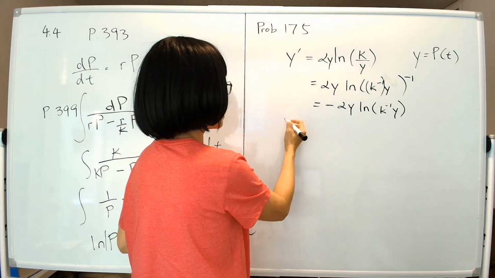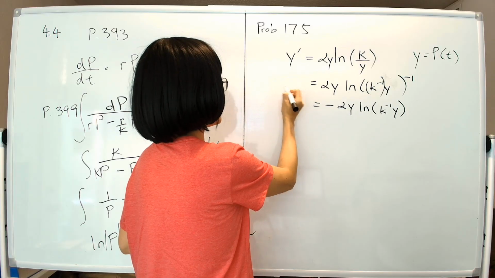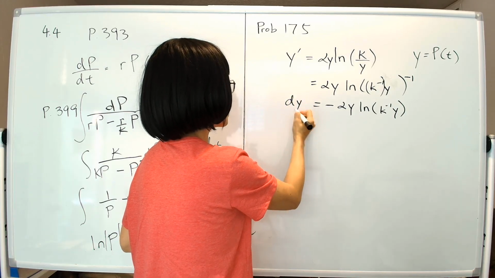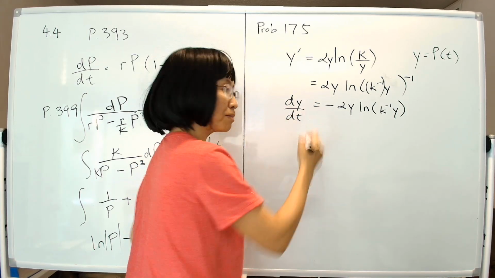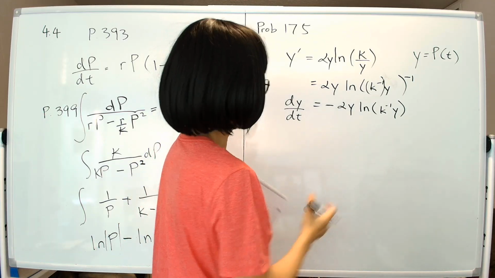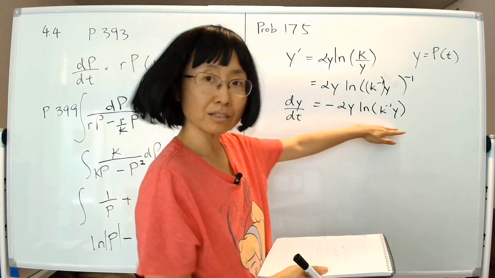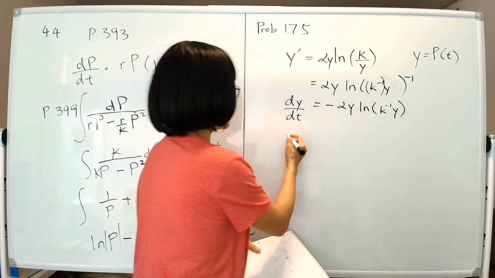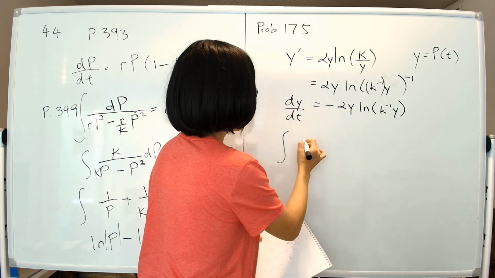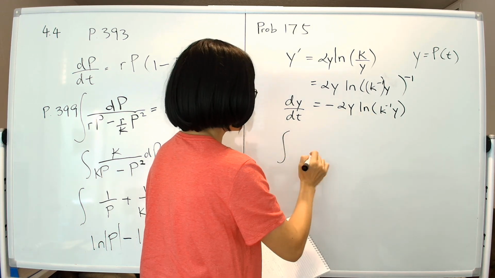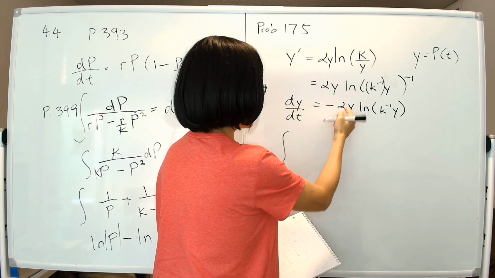The y prime is just dy by dt. We're going to do the separation of variables. There's nothing to separate because this is an autonomous equation. Therefore, we're going to have to integrate. Everything here goes on the bottom, or maybe we'll put the minus and alpha on the other side.